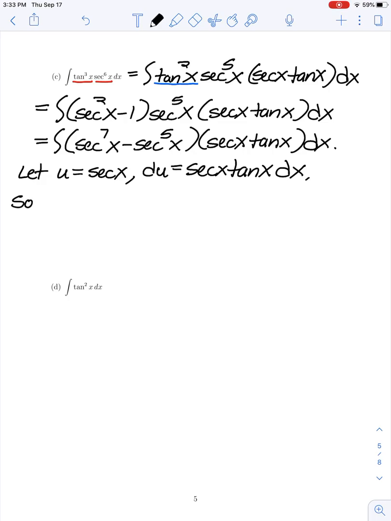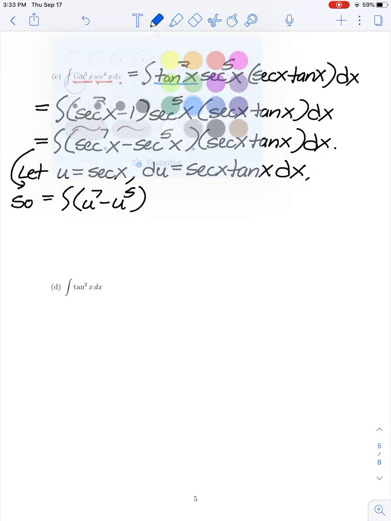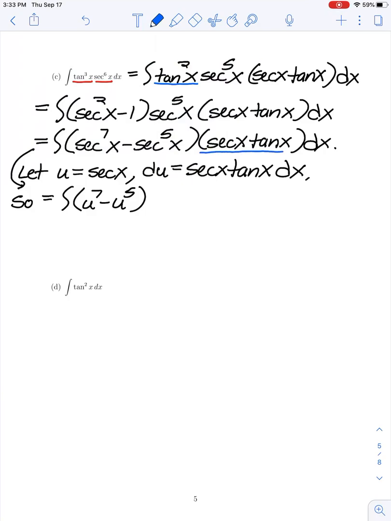So rewriting my integral in terms of u, I would have u to the 7th minus u to the 5th. And then on the end, the secant x tangent x dx, when we made our substitution, we found that was exactly equal to du.